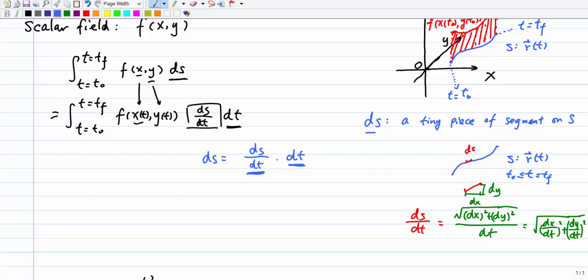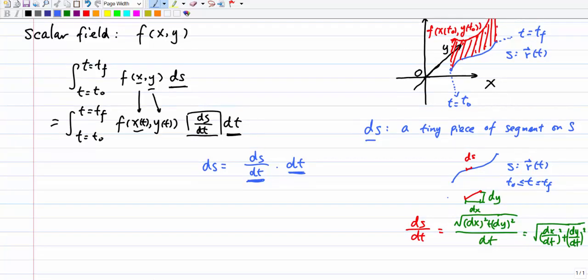What this means is that if we make a small change in t, from t to t plus dt, for all t, it will change x to x plus dx, where x is the x associated with t.